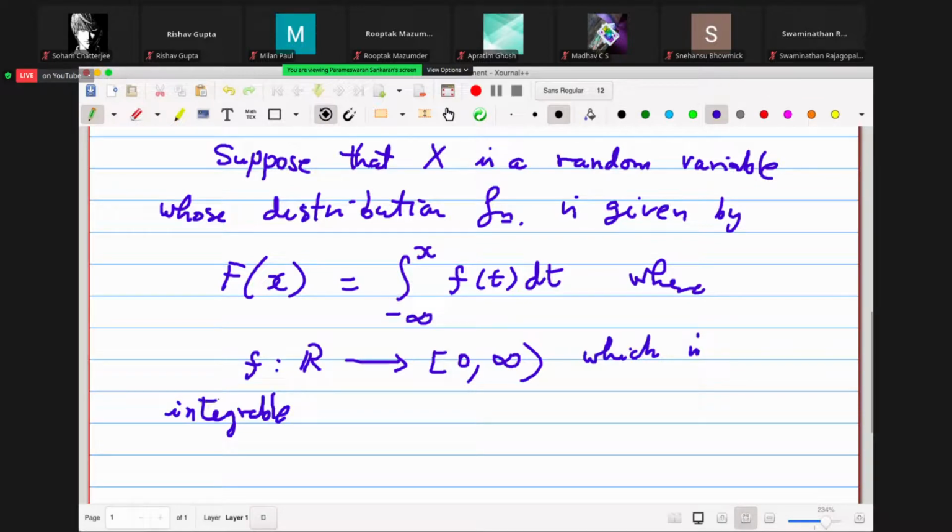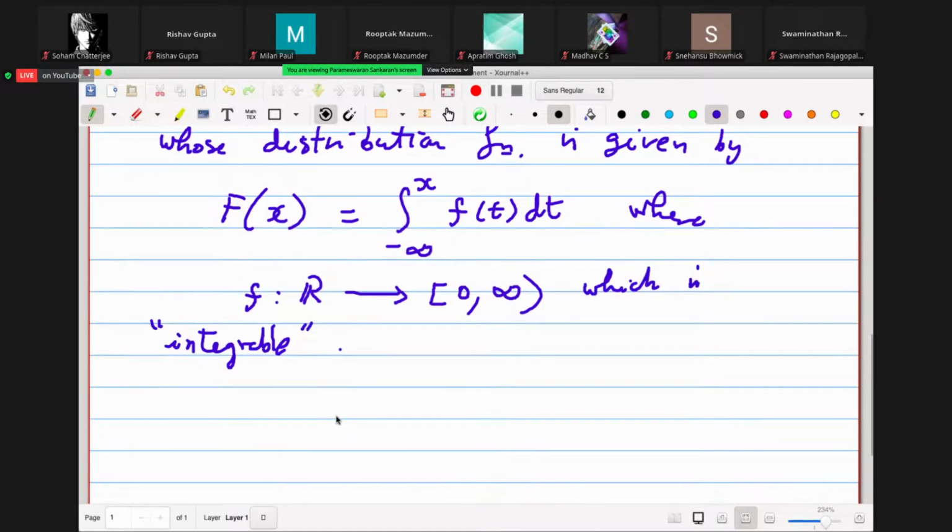This is a bit difficult to explain at this stage. And you may think that this is a function for which this integral exists. That's one way to say it, but that's not saying much.